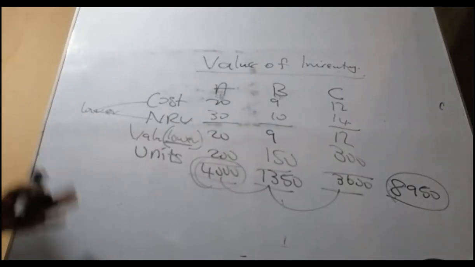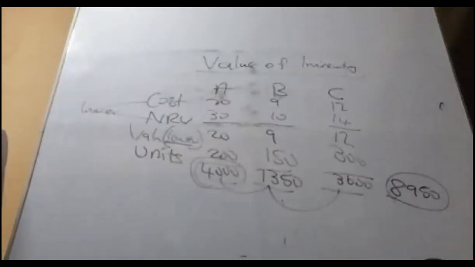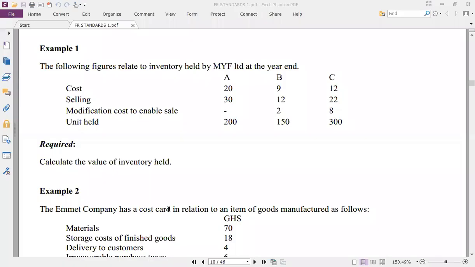This is an illustration, this is an example. So it is fine. Now let's go and pick our next question. If you do have any question, kindly let me know. Good. Let's look at the next question.